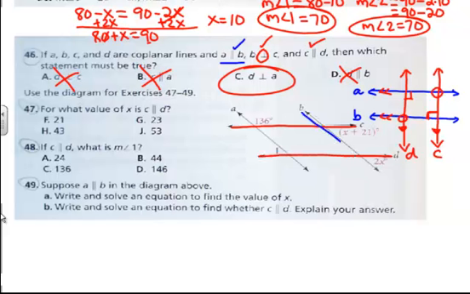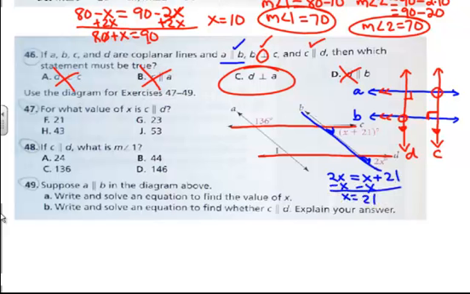Those are corresponding angles. If corresponding angles are congruent, then the lines are parallel. So these angles must be equal. Subtract x. X equals 21. Alright, x has to be 21. There's my answer.